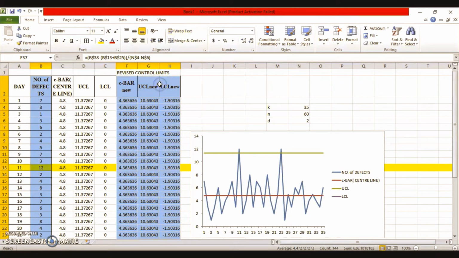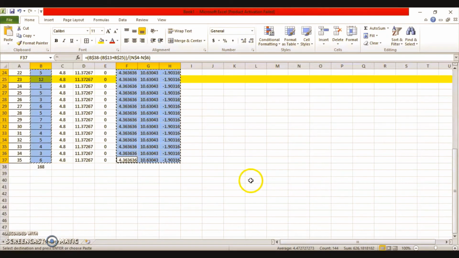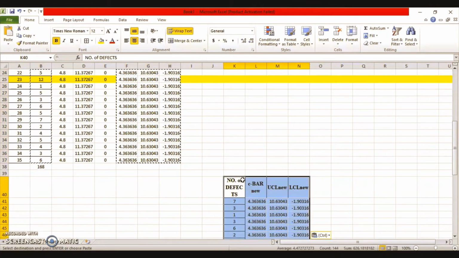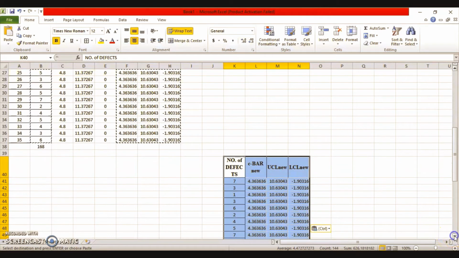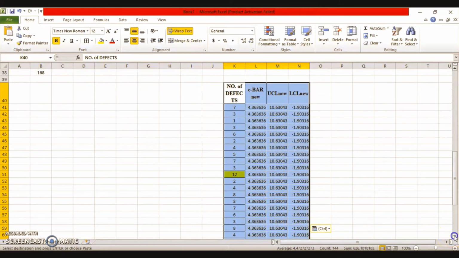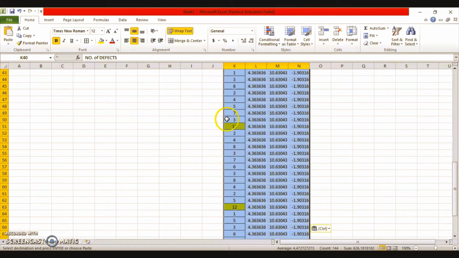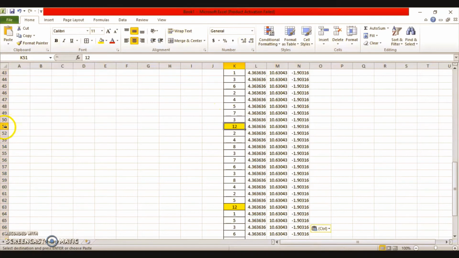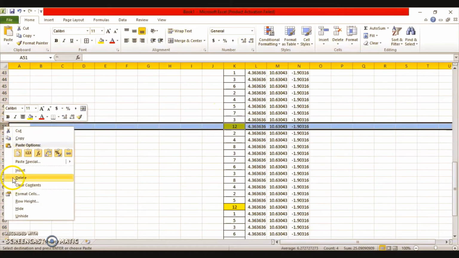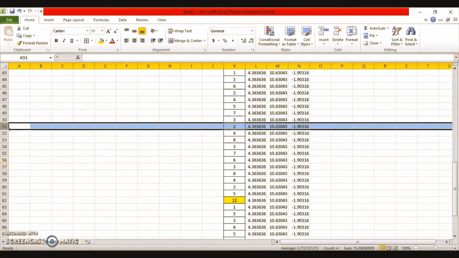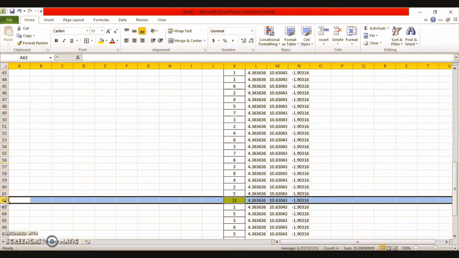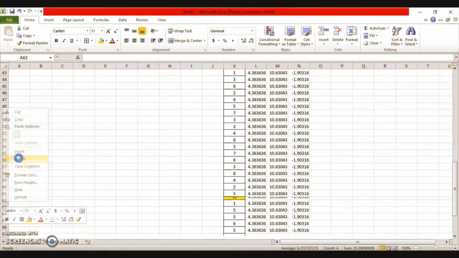Okay, I'll copy them. I'm not going to delete the highlighted points from here, and you know why, because that will disturb the rest of the sample and rest of the calculation. So it's better we copy it here, and after that just selecting the points which were the discarded points and delete.